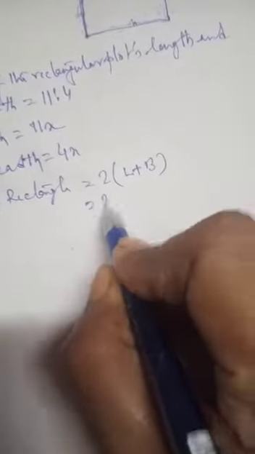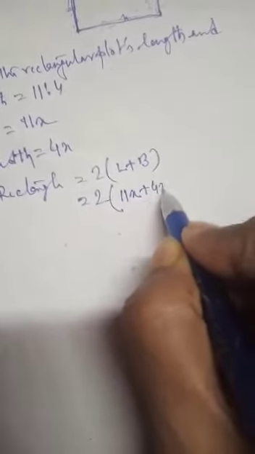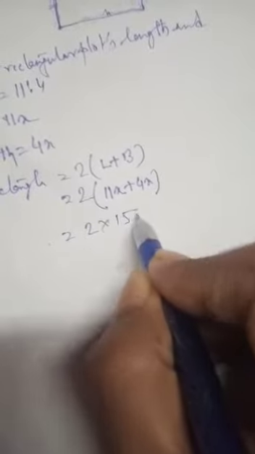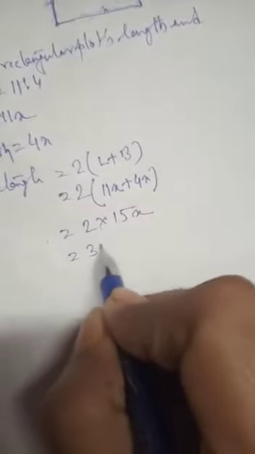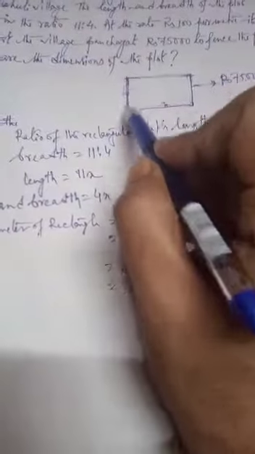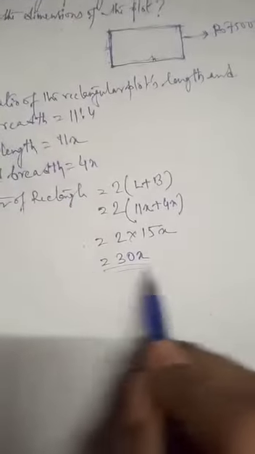That means we can write 2 into (11x plus 4x), that means 2 into 15x, that means 30x. It is the perimeter of the rectangle.